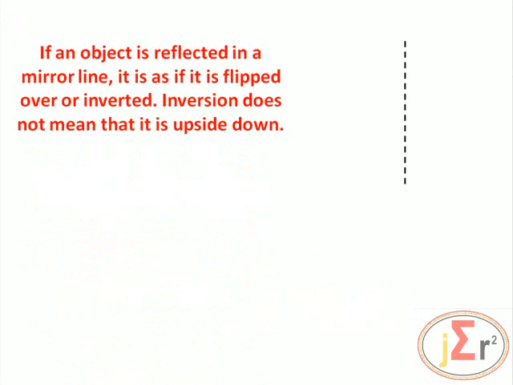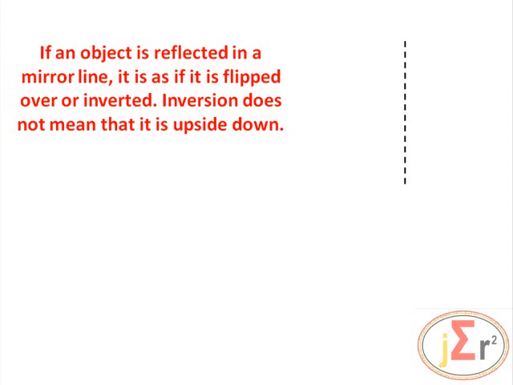If an object is reflected in a mirror line, it is as if it is flipped over or inverted. Inversion does not mean that it is upside down.